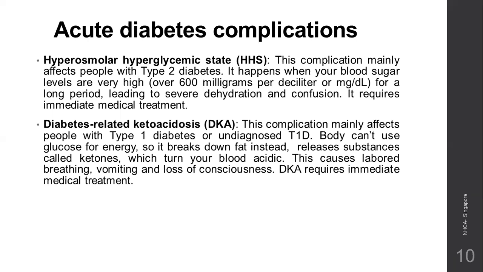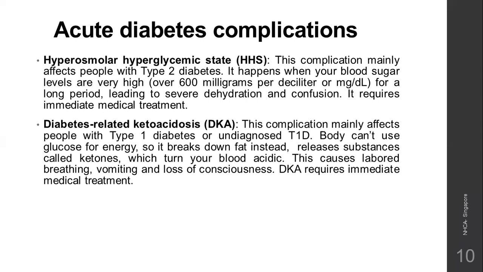But when fat is broken down, it is broken down into ketones. When adipose tissue is getting broken down, it leads to ketones, and ketones will take over your blood. Your blood becomes acidic because ketones are acidic in nature.